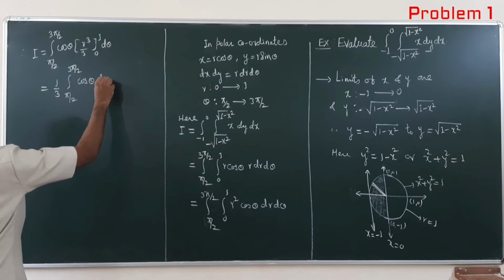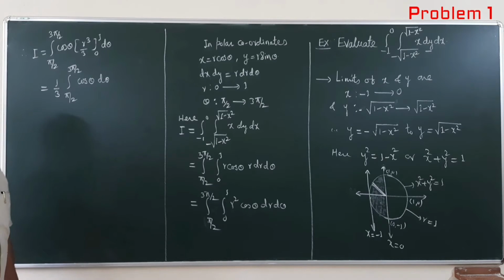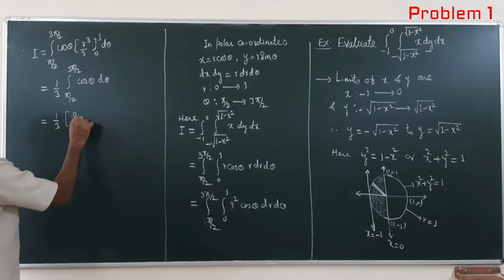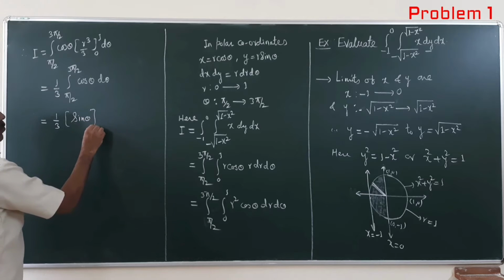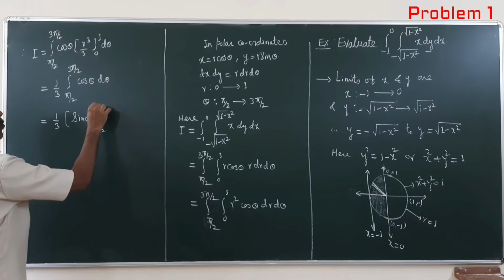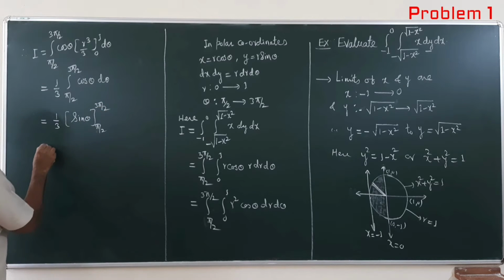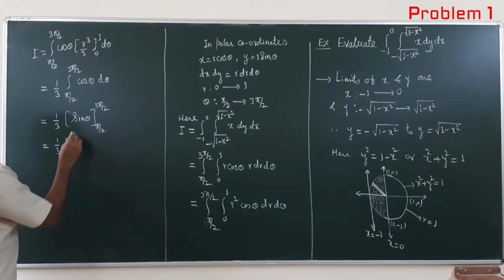cos theta d theta. Now what is the integral of cos theta? Cos theta is the derivative of sin theta, so its integral is sin. So 1 by 3 sin theta from pi by 2 to 3 pi by 2. So this equals 1 by 3. What is sine 3 pi by 2?